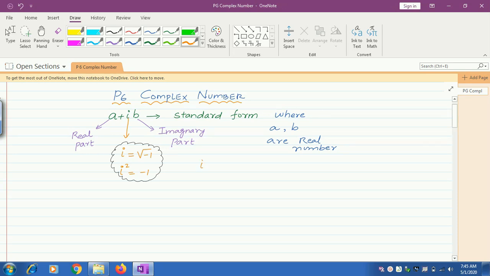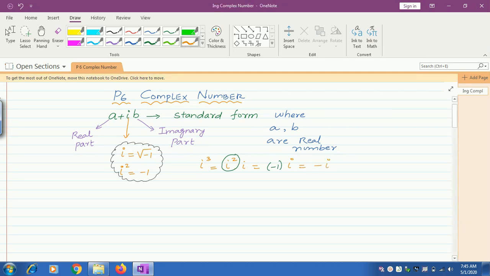How? This is i power 3. How will you write i power 3? I can write it as i square into i. Since the i square value is minus 1 and the i remains the same, you will get minus i.